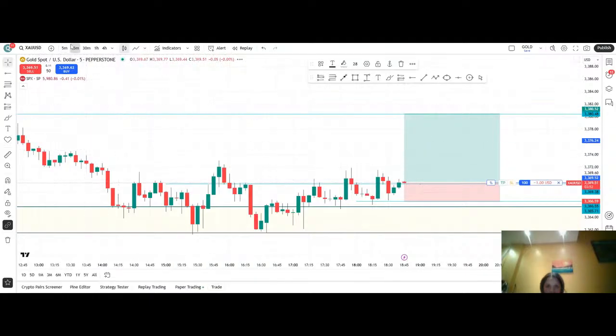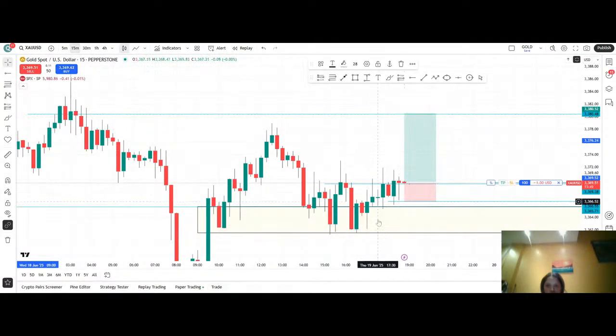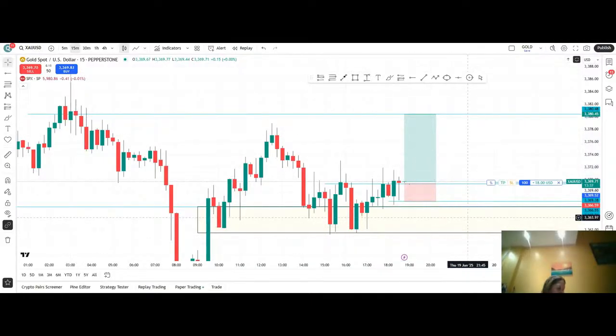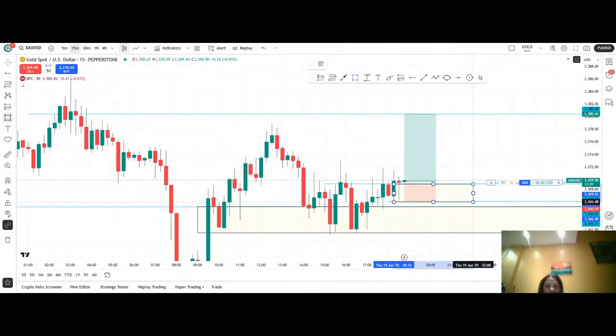So let's see. And notice this wick here, so that is a demand zone.